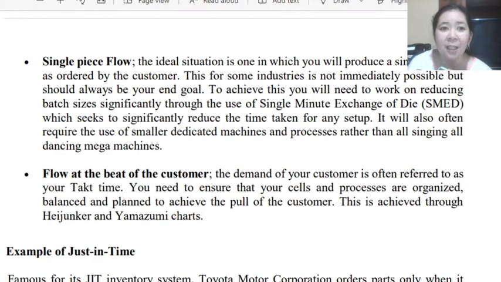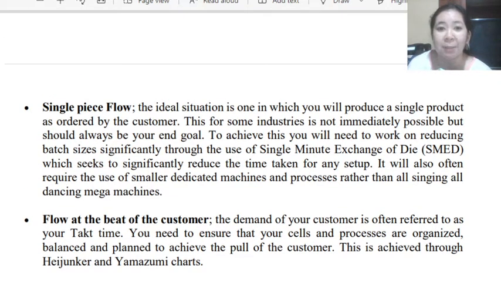Another is single piece flow or simplifying the process. So the ideal situation is one in which you will produce a single product as ordered by the customer. This, for some industries, is not immediately possible, but it should always be their end goal.